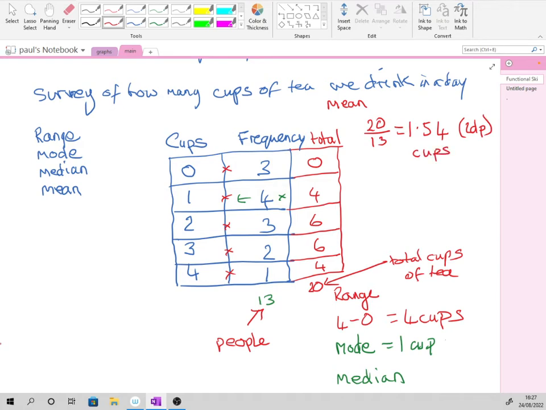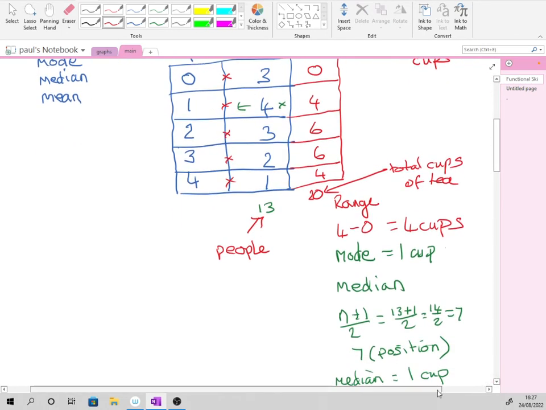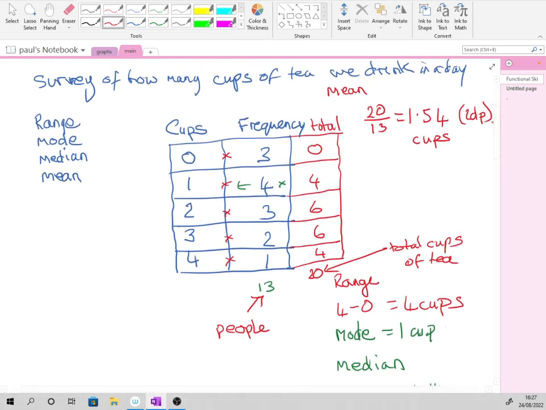So the mean is 1.54 cups, and the mode is 1 cup, the range is 4 cups, and the median is, I can't remember what the median was, 1 cup. So that's how to work out the 4 different types of averages from a frequency table.